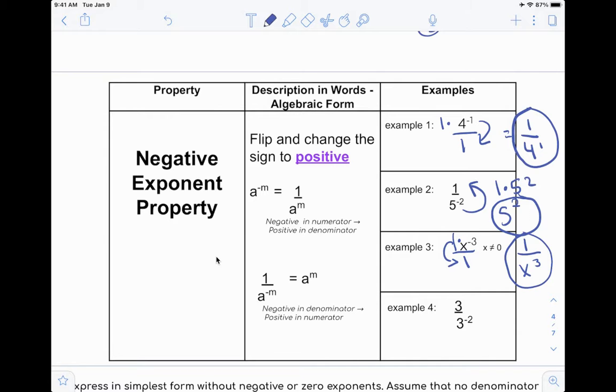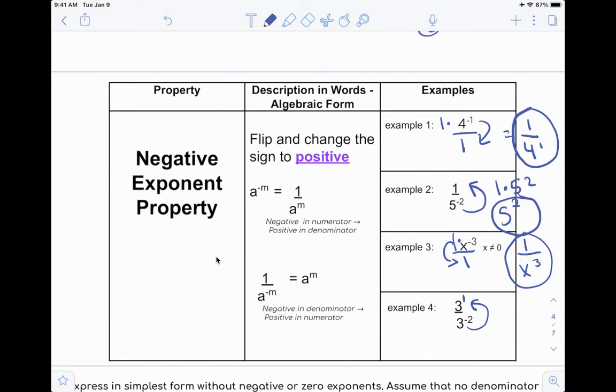And in the last example, 3 divided by 3 to the negative 2 power. Well, I don't see an exponent for the number 3, so it is 1. And that's actually positive, so I'm going to leave it in the numerator. I'm going to now look at the denominator, 3 to the negative 2 power.